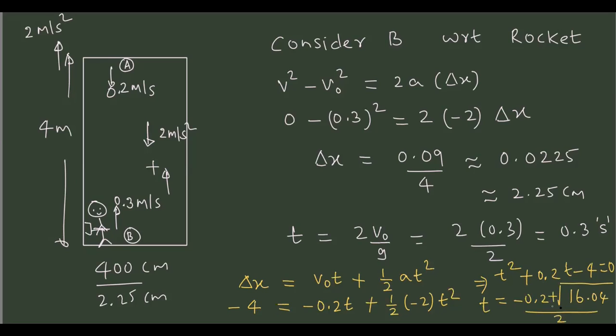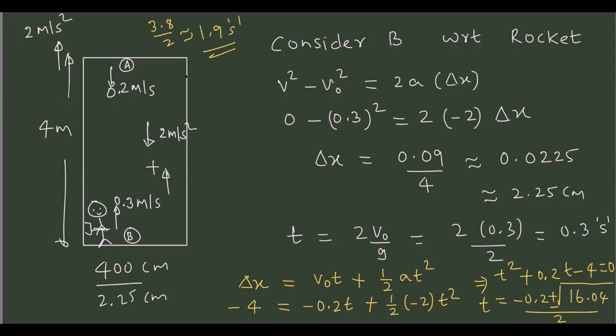I think the minus doesn't make sense. So what do we get roughly? I get 4 minus 0.2 by 2, so 3.8 by 2. Roughly we will get 1.9 seconds as the answer. So your answer is very close, but not quite.